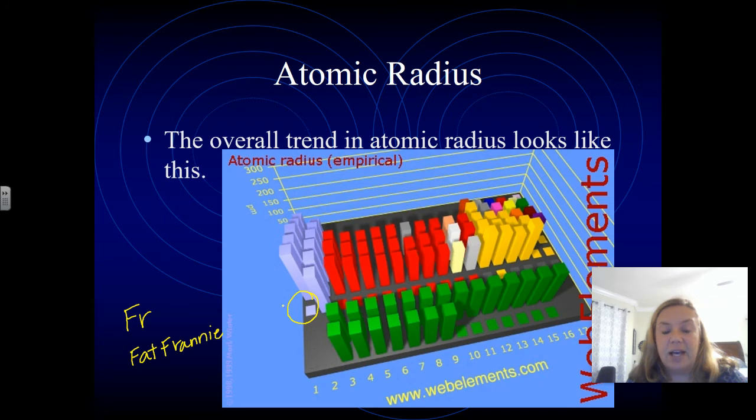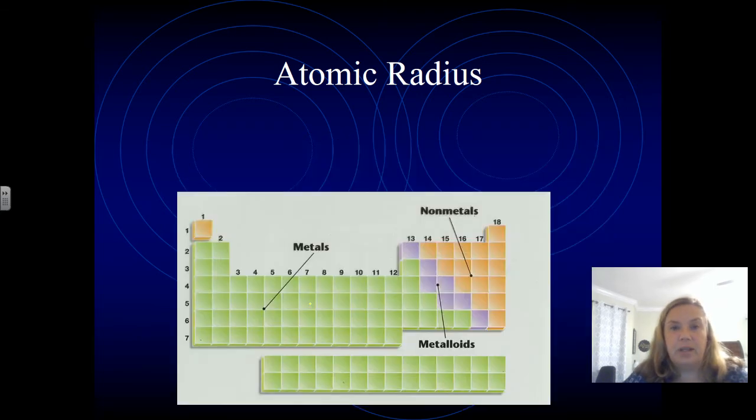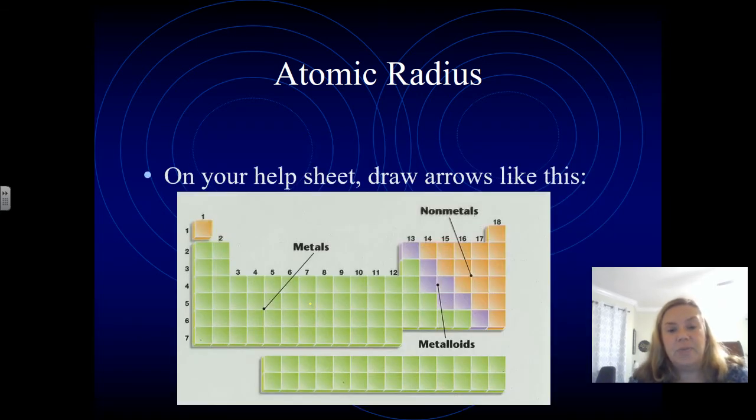Francium has electrons in 7 energy levels, and it only has 1 valence electron in comparison to others beyond it. So therefore, that 1 valence electron is being pulled in, but it's not being held super duper tight. On your help sheet, it'll be helpful to draw arrows like this going toward our good old francium 7s1.